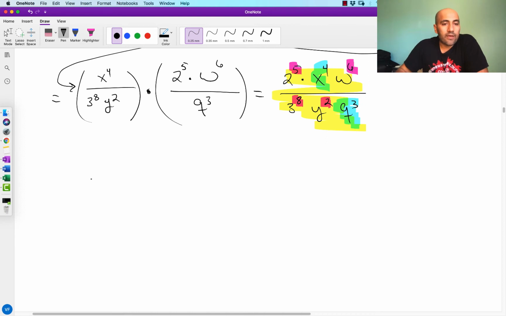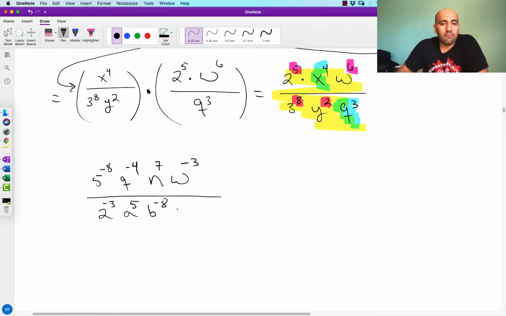So for example, if we had 5 to the negative 8 power, q to the negative 4 power, n to the power of 7, w to the power of negative 3, all over 2 to the power of negative 3, a to the power of positive 5, b to the power of negative 8, and x to the power of positive 11.